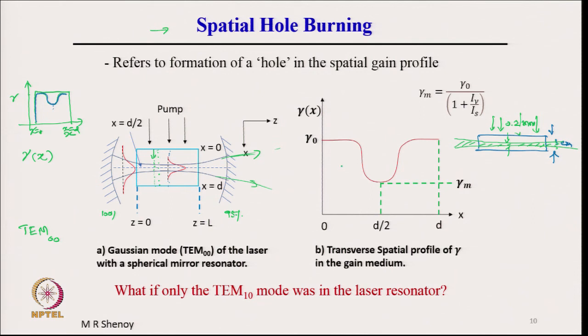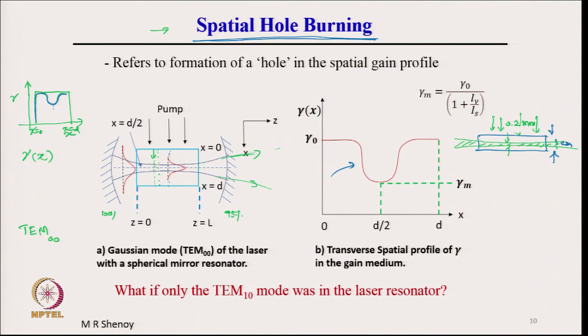That leads to the gain profile shown here, a dip in spatial coordinate, hence the name spatial hole burning. So, spatial hole burning refers to depletion of gain with spatial coordinate x.